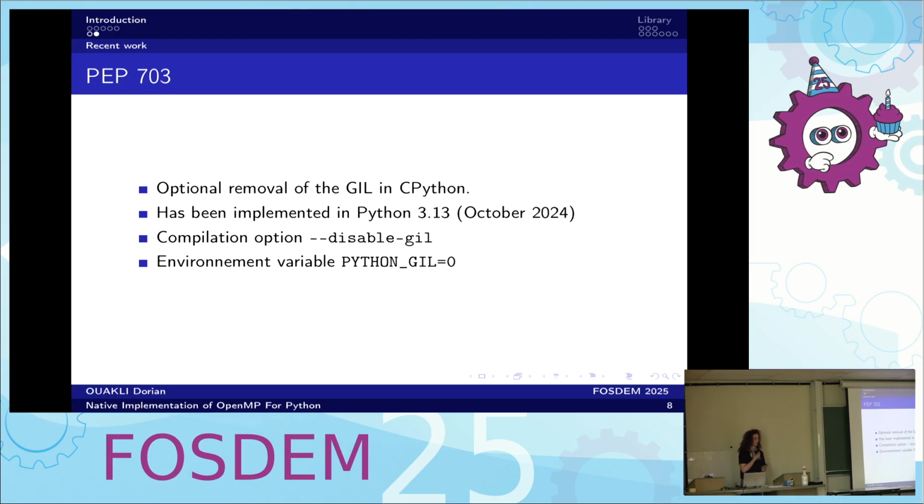The GIL is a global interpreter lock. When removing it, some instructions, you could consider them atomic despite the fact that you're using threads, and existing libraries already use threads in Python, and those will break when removing the GIL. So there is a lot of work to do to make Python support that removal of the GIL.